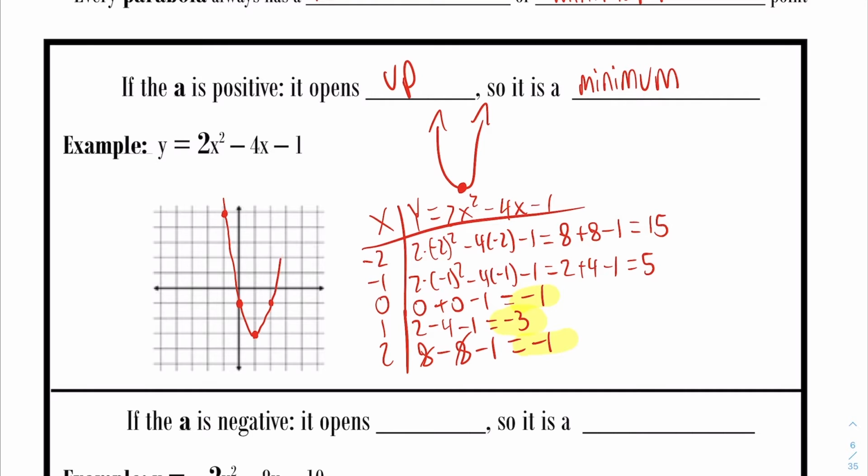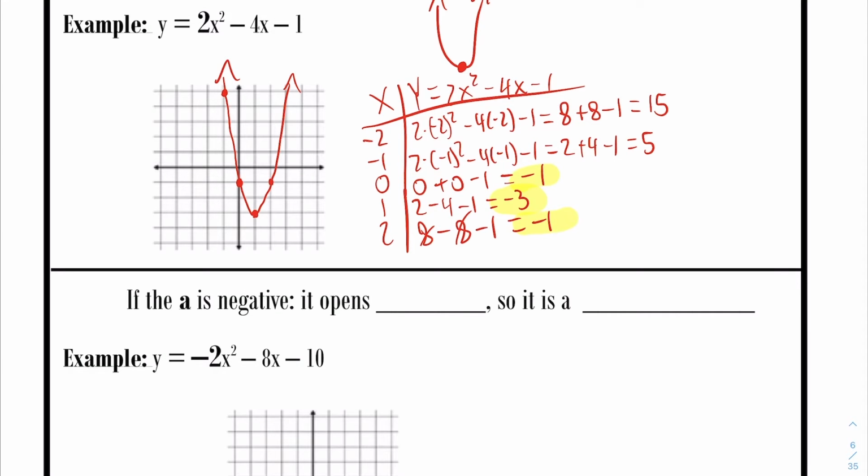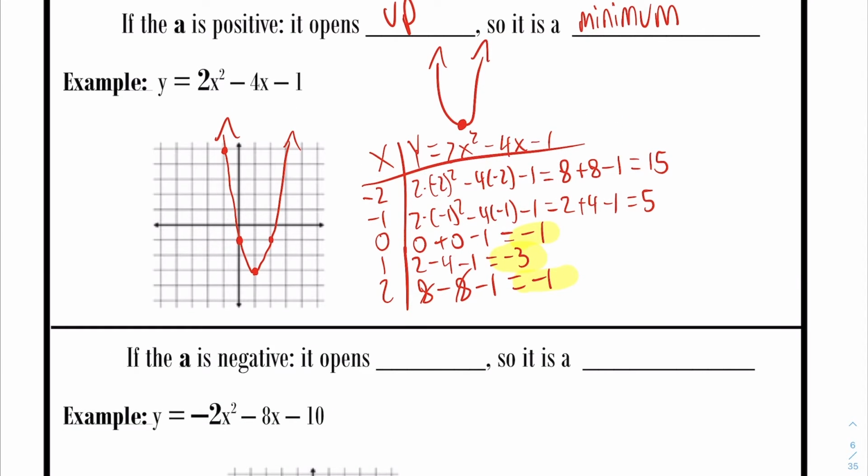And I think that's going to be it. So after graphing it, you can see this is opening upwards, and that's a minimum. And if you're going to label it, the vertex is at 1, negative 3.